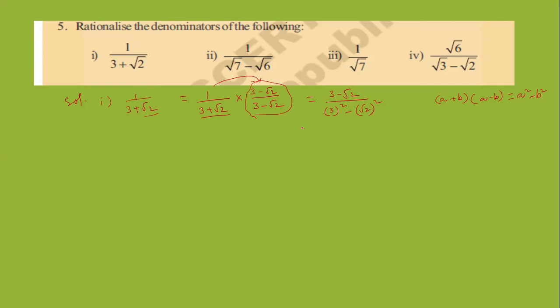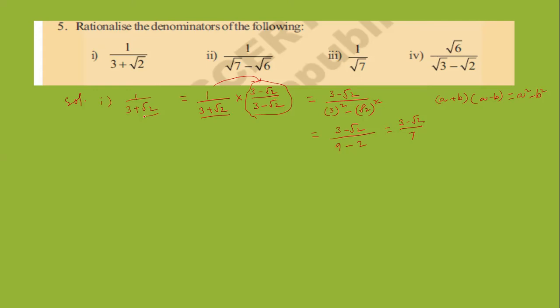Here what is a? 3 is a and b is root 2. A square minus b square. In the numerator part, 3 minus root 2, you may write as usual without any change. In the denominator, 3 square means 9. Root 2 square means you may cancel the square symbol and square root symbol.